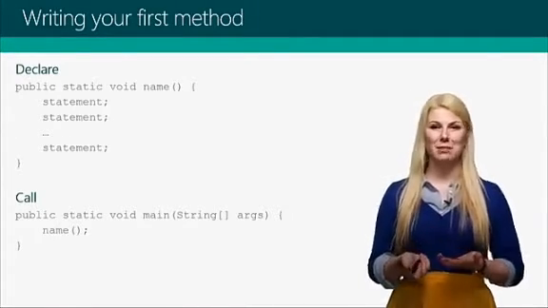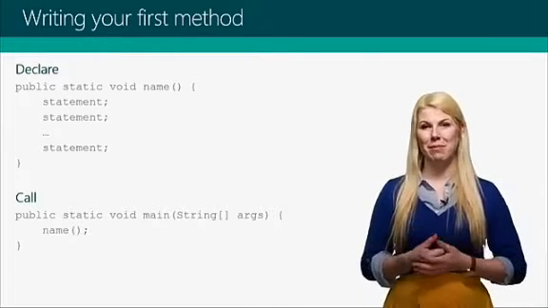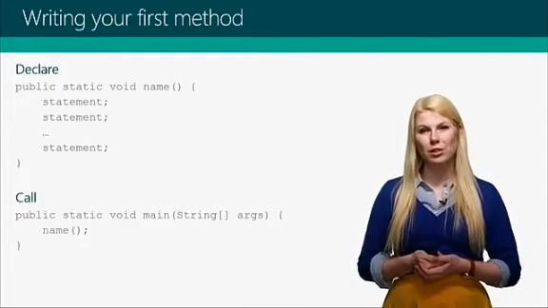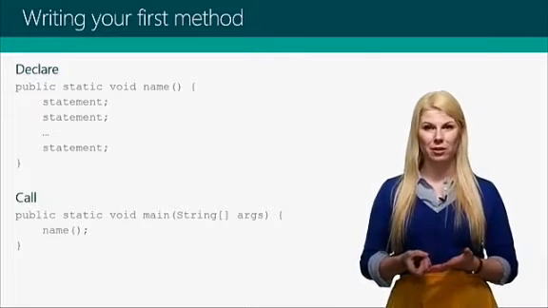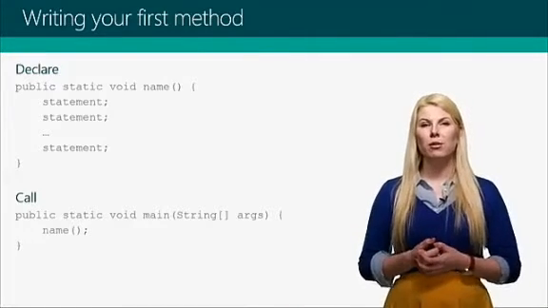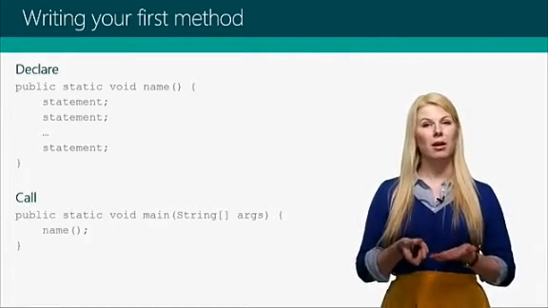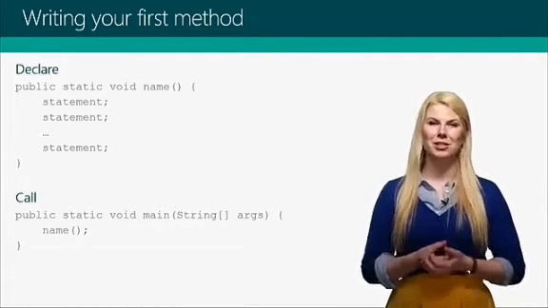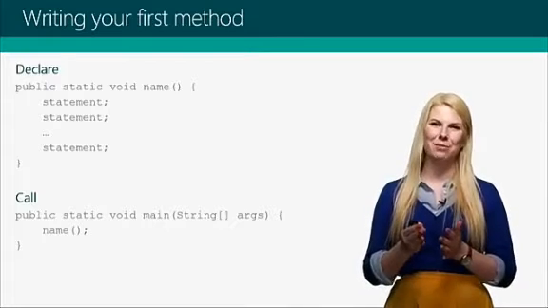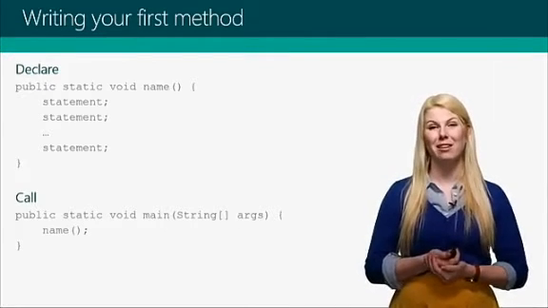You can have as many statements as you want within the method, doesn't matter. Once you have your method declared or created, then you're going to call your method from the main. The way that you call it is by name, just the name you gave your method, that set of parentheses, and then a semicolon to end the line.